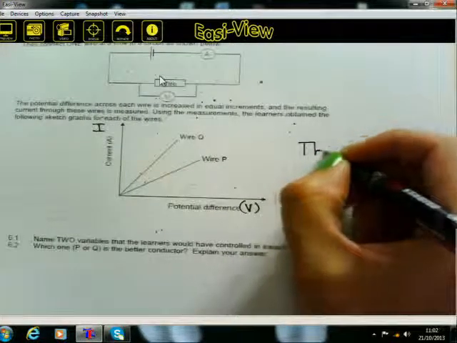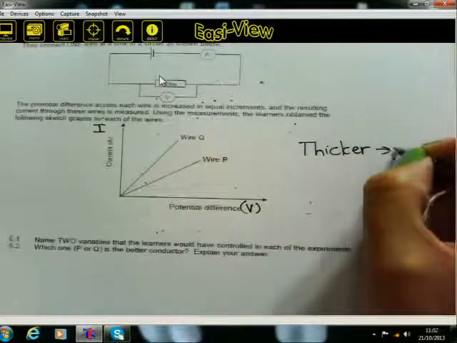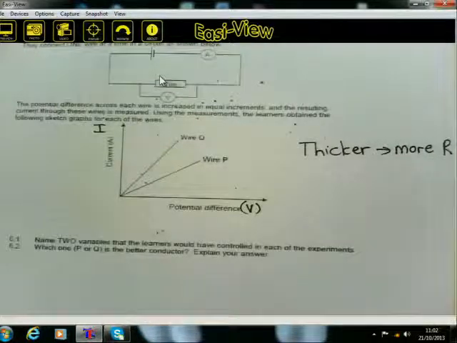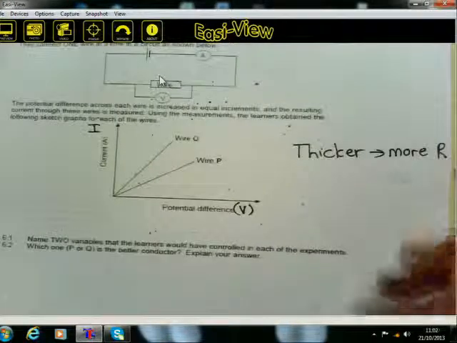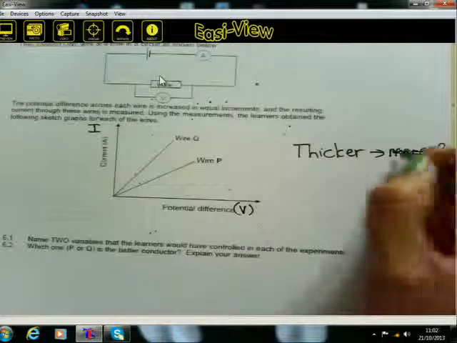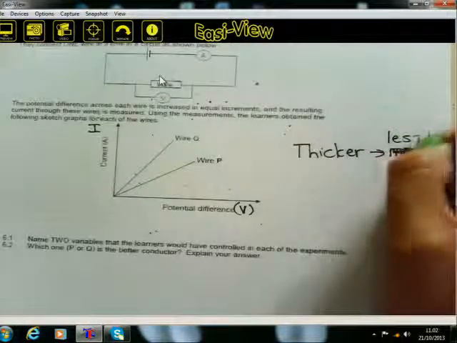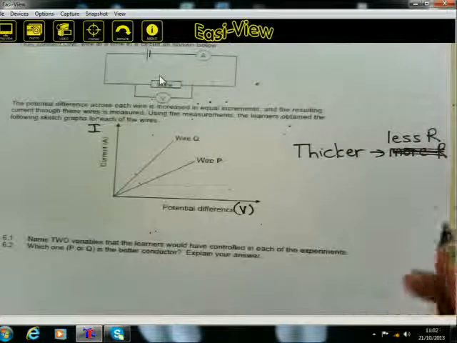Thicker, more resistance. If you use thicker wires, the resistance will decrease. Excuse me. The thicker the wires, less resistance. You can think of it as a hose pipe with flow. The thicker the hose pipe, the less the flow will be.